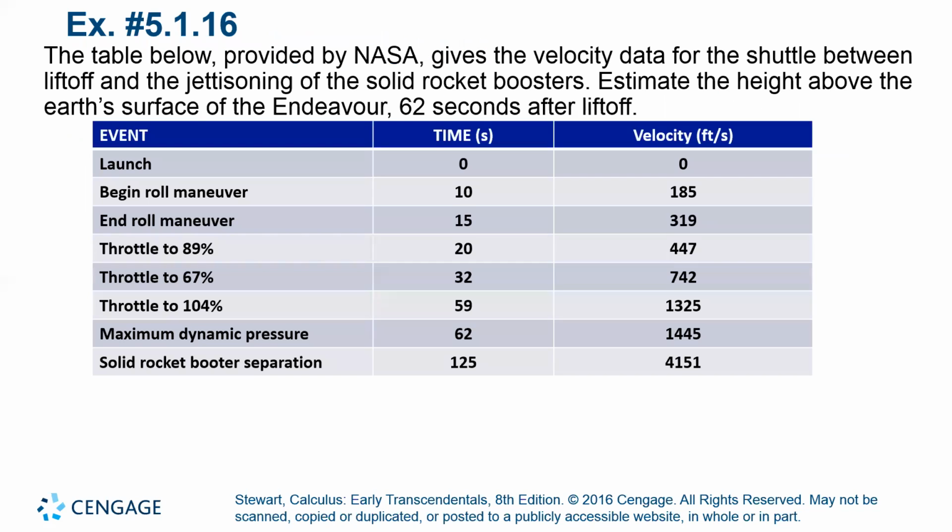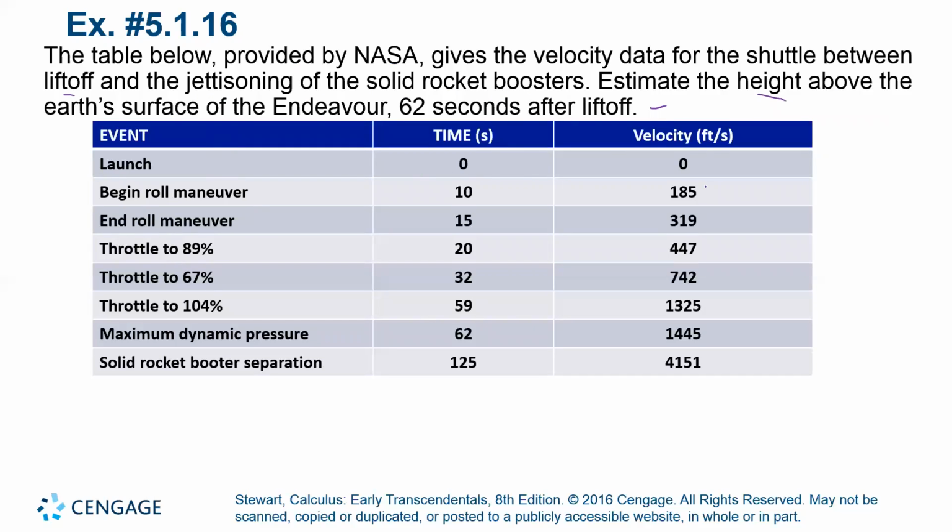The table below, provided by NASA, gives the velocity data for the shuttle between liftoff and the jettisoning of the solid rocket boosters. Estimate the height above the Earth's surface of the Endeavour 62 seconds after liftoff.